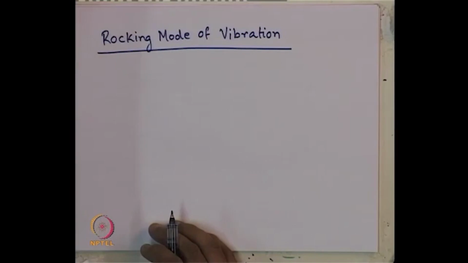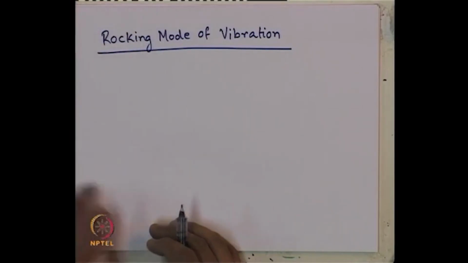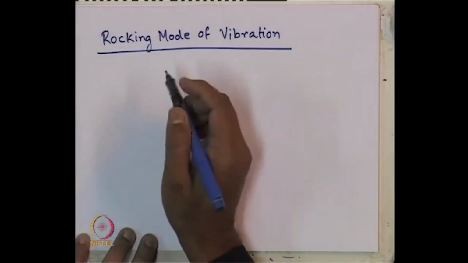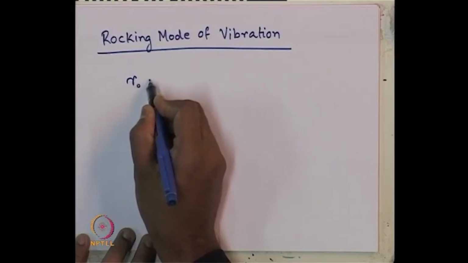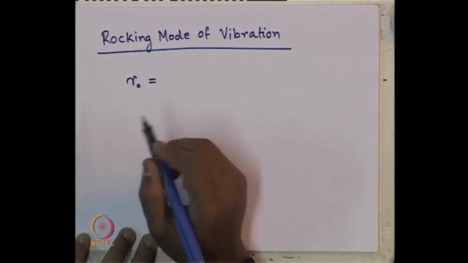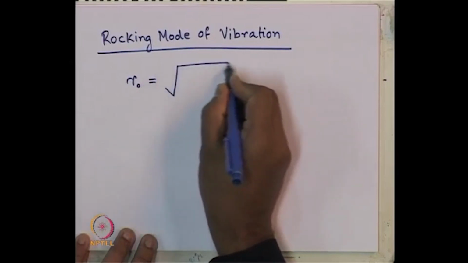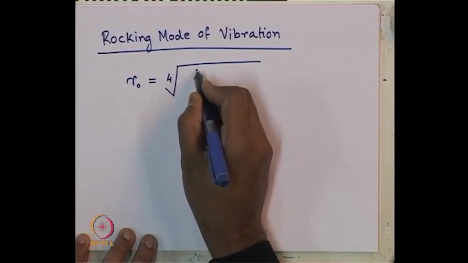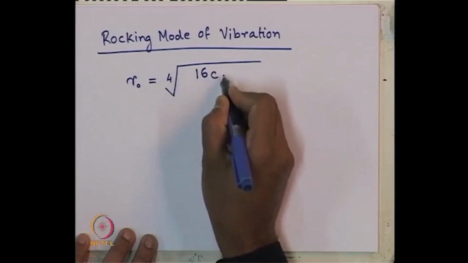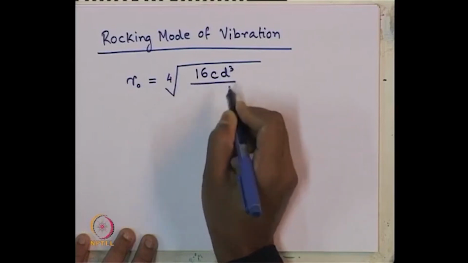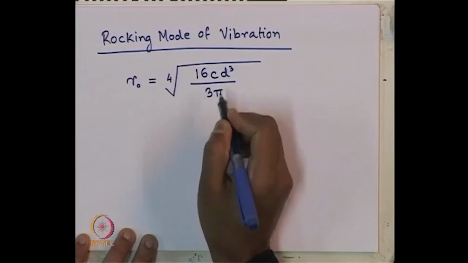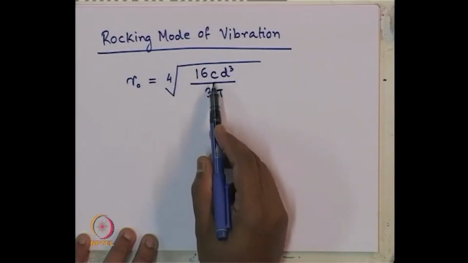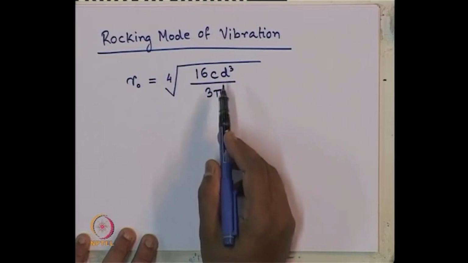Now, the first step for rocking mode of vibration is to compute the radius of equivalent circular area, and the expression for R naught for rocking mode, we know that expression we had already discussed in the previous lecture: 4th root of 16 C D cube by 3 pi. Am I right? Where C is half of the width and D is half of the length.